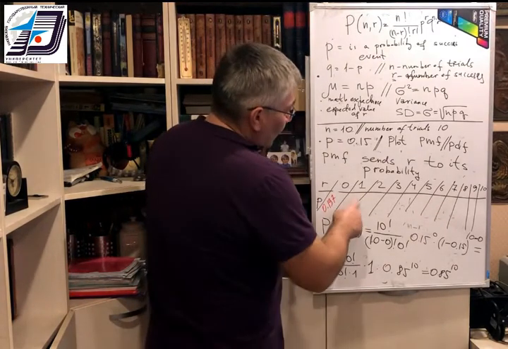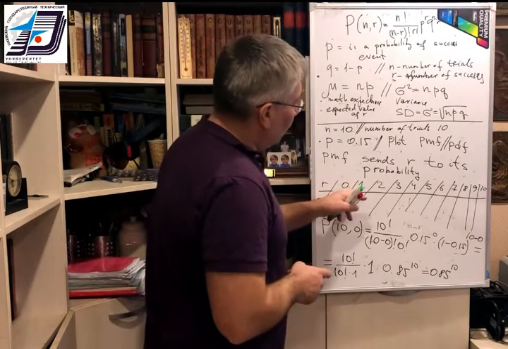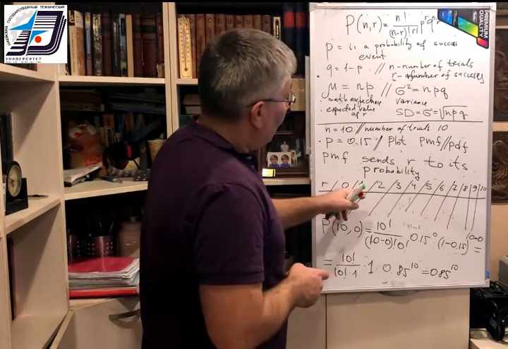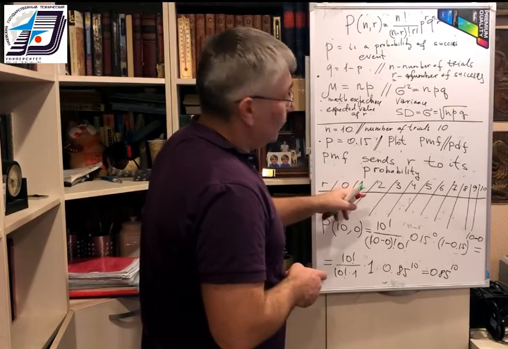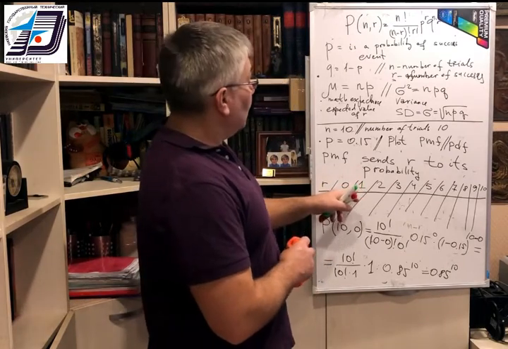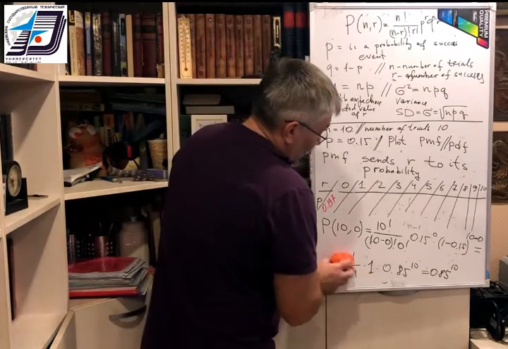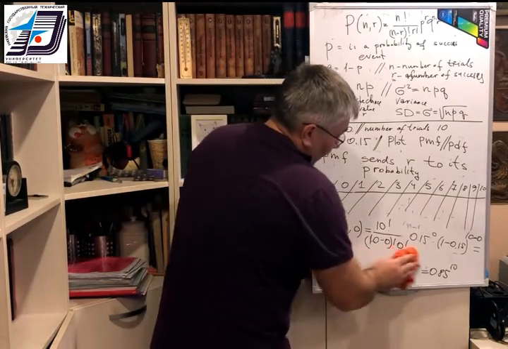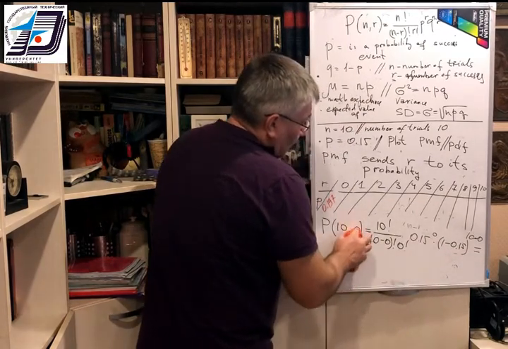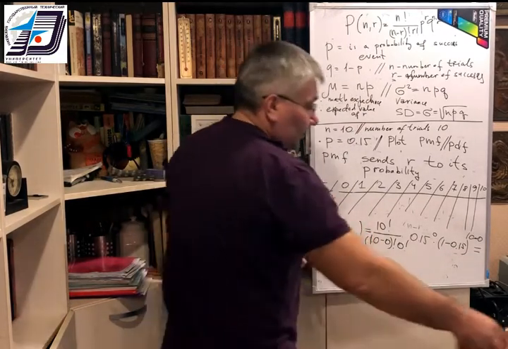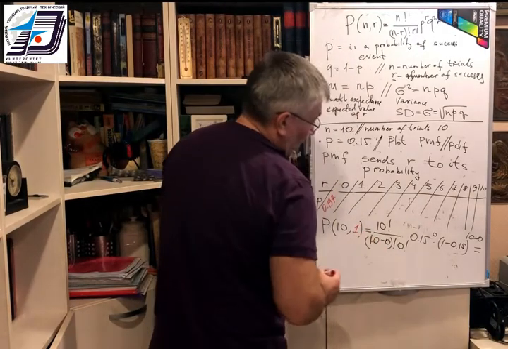For example, the next one, when r equals 1, it means that you toss 10 times in a row, and you have the head side only once. We can use the same formula here, but instead of 0, r equals 1.